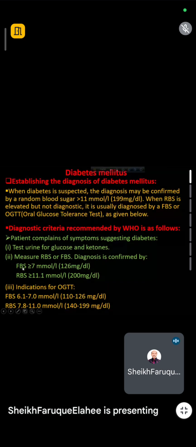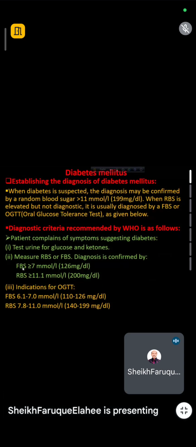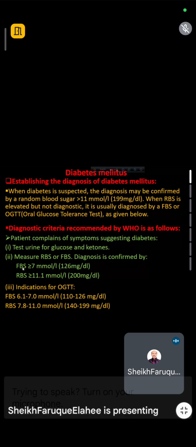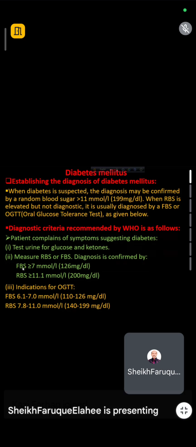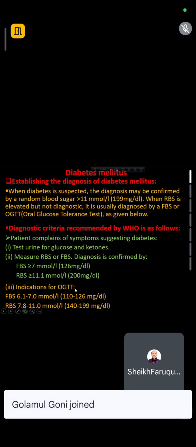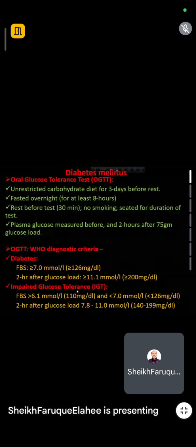If fasting blood sugar is more than 7, yes, he has diabetes. RBS, if more than 11, he has diabetes. Now fasting blood sugar, if more than 7, he has diabetes. Now for a more confirmatory test, we go for glucose tolerance test.